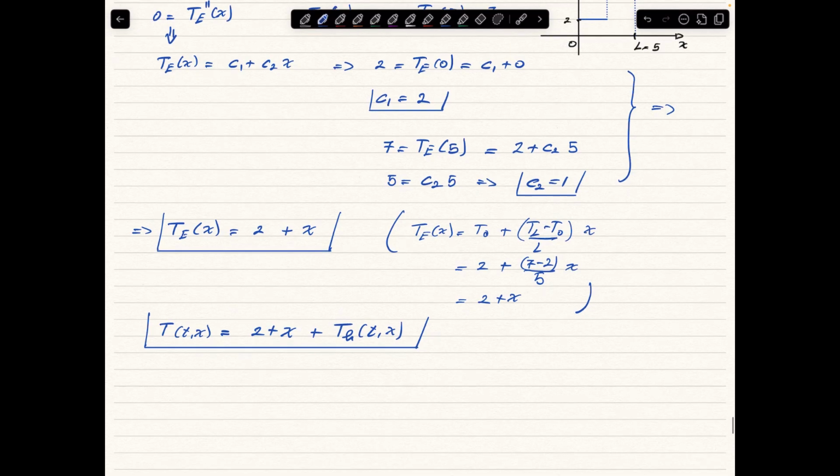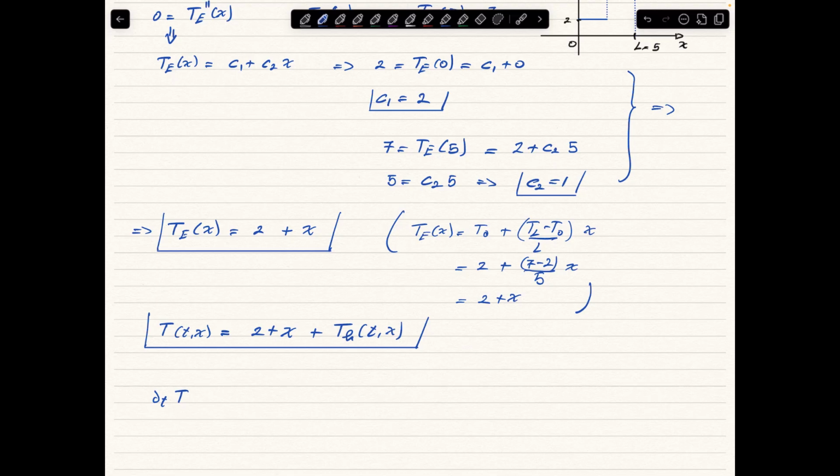And what is the equation for TH? Well, we compute the t derivative here. The derivative with respect to t of the equilibrium part is going to be 0. Let's do it like we did in the theorem.